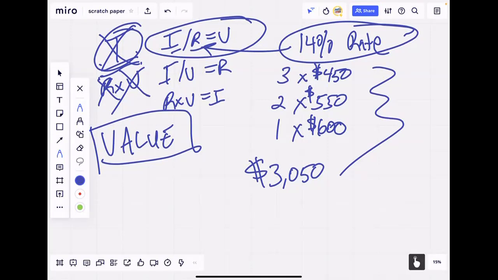Oh, here it is. One second, it's in my notes. The answer, oh gosh, 261,429.